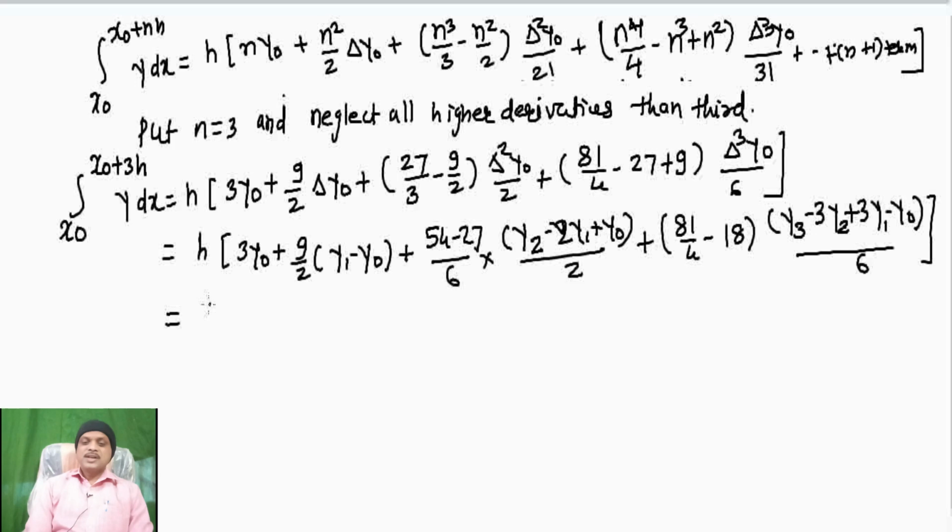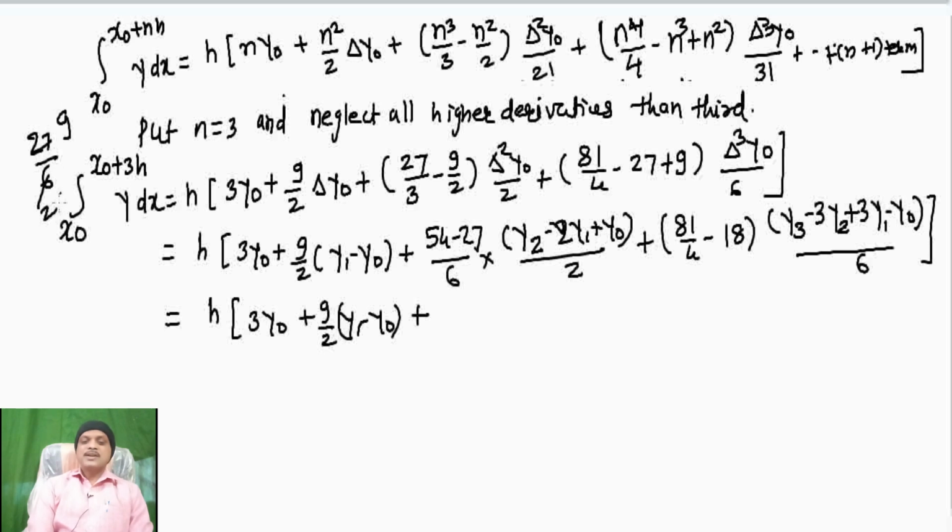This equals h into 3y0 plus 9 divided by 2 into y1 minus y0 plus 54 minus 27, that is 27 divided by 6, that is 3 2s are 6 and 3 9s are 27.